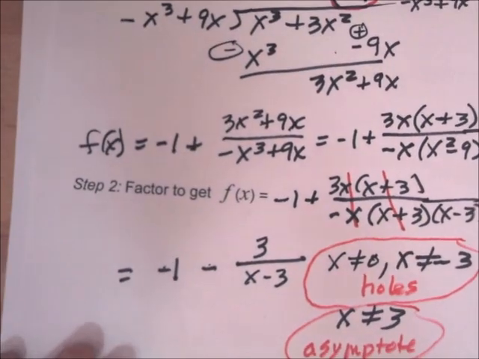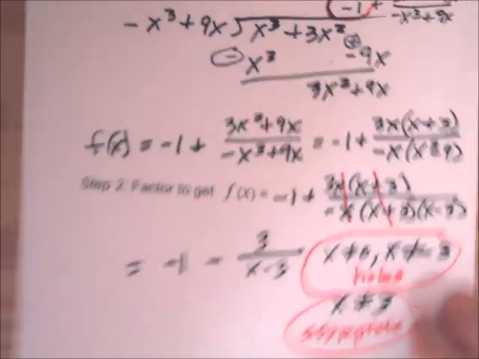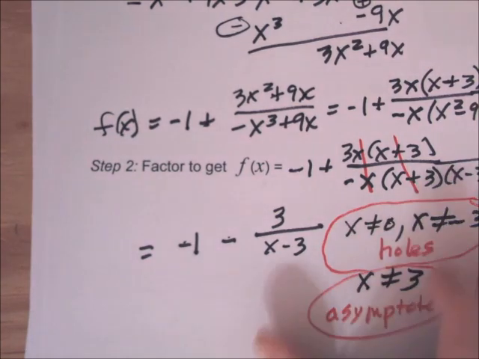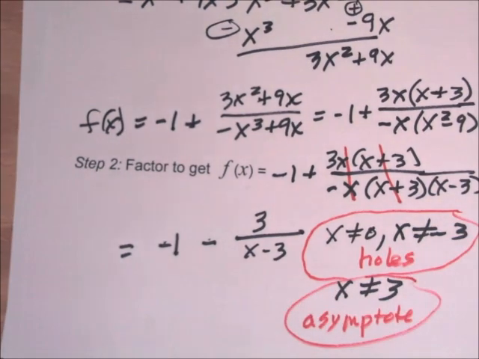Okay, so the vertical asymptotes occur for any number that makes the denominator of the reduced fraction equal to 0.